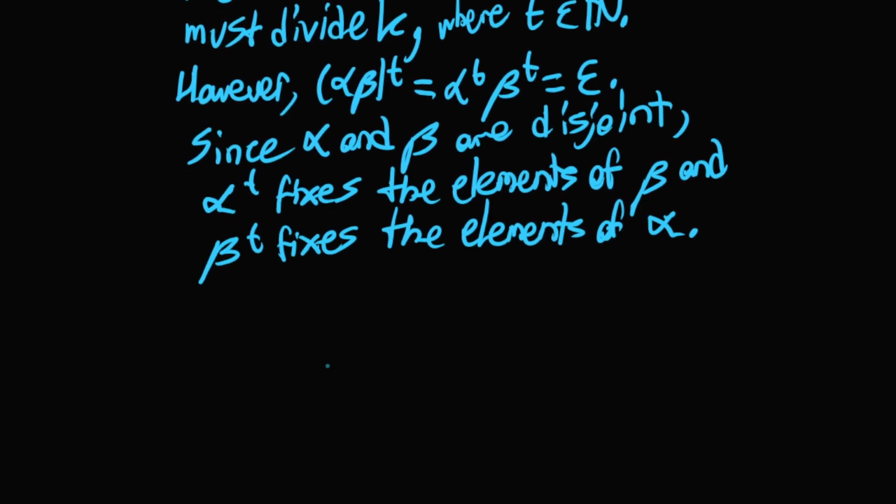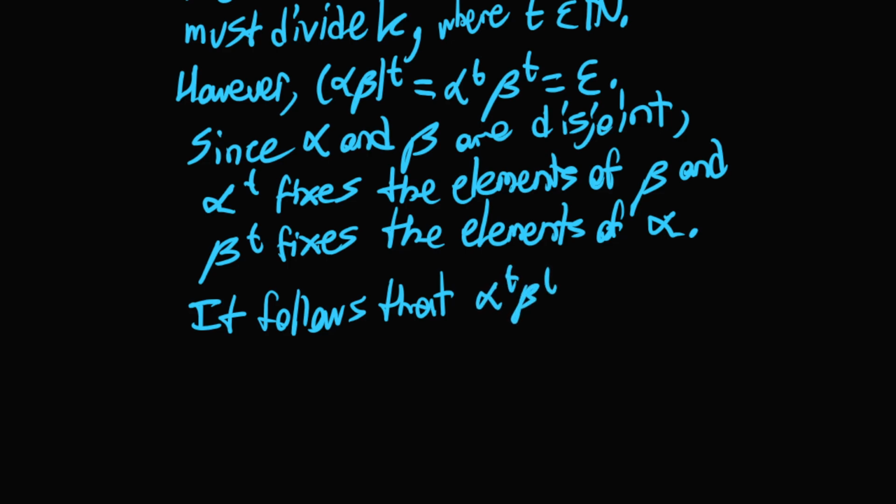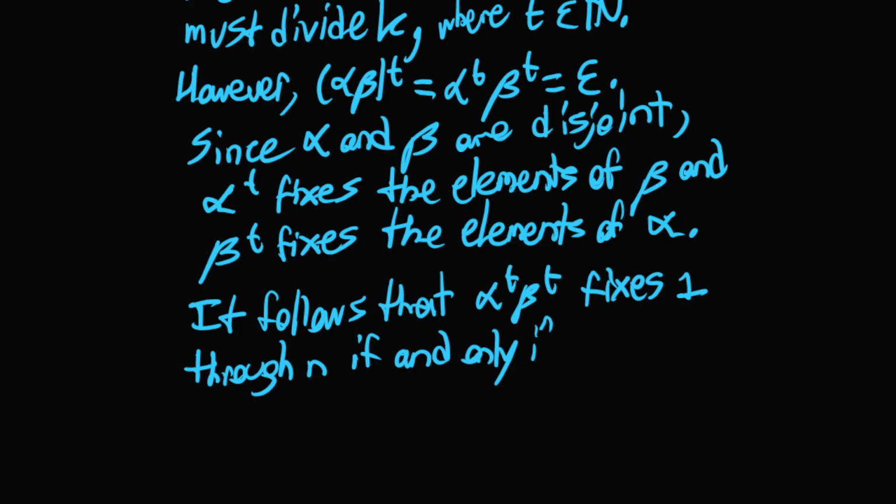So then it follows that alpha to the t beta to the t fixes 1 through n if and only if alpha to the t equals epsilon and beta to the t equals epsilon.